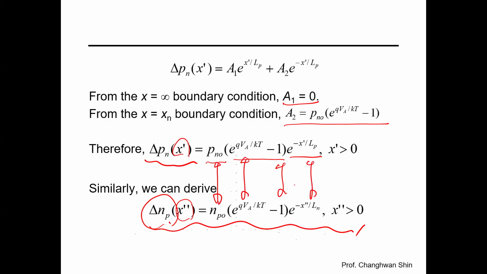These equations describe how excess minority carriers decrease exponentially with distance from the junction, with a characteristic length scale given by the diffusion length, here L_p and L_n. Think of this like a crowd dispersing from a stadium after a game. The density of people is highest near the exit and decreases as you move farther away.